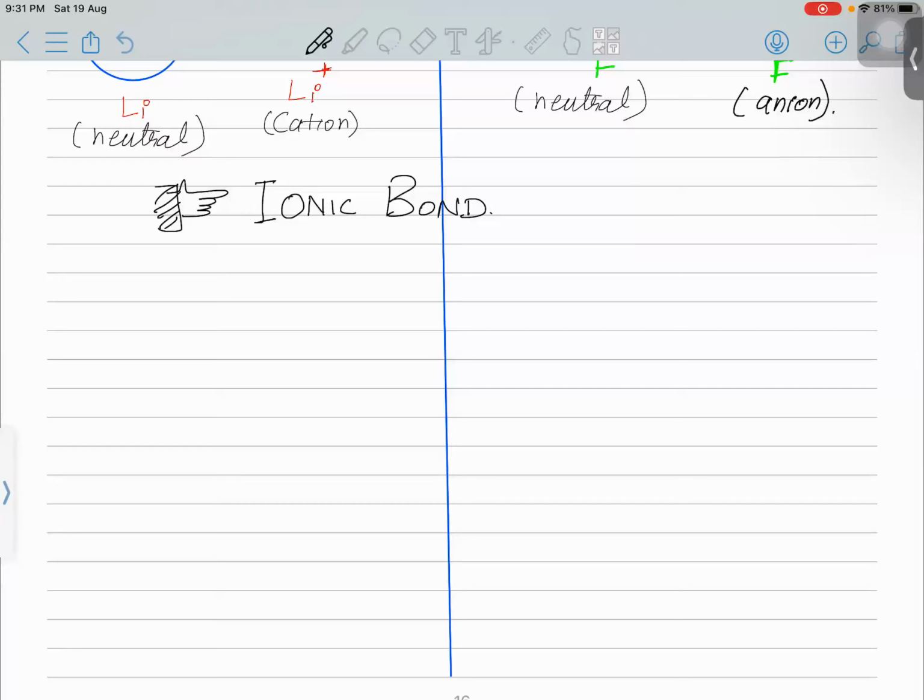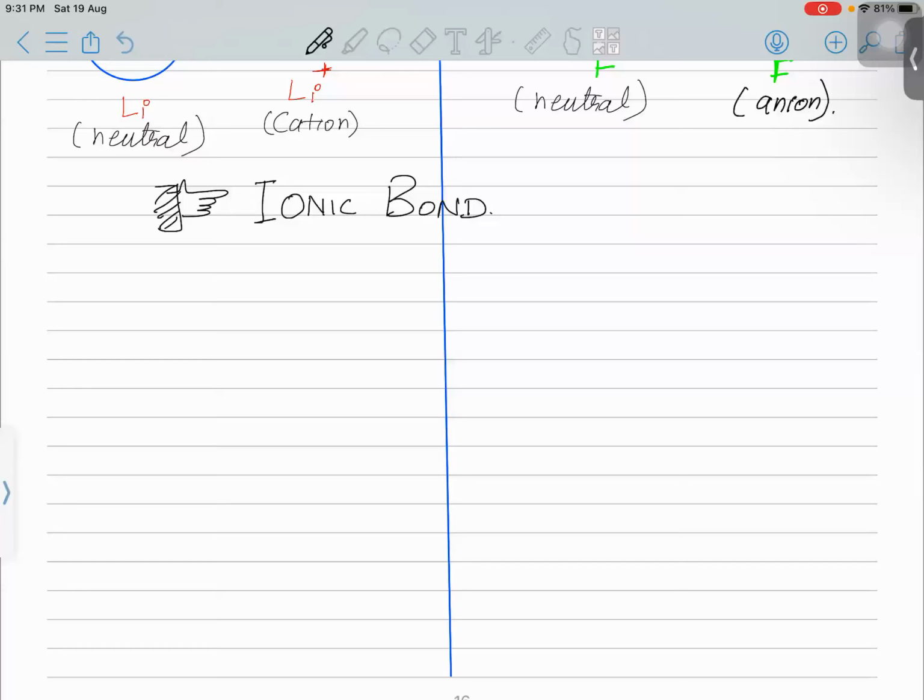Very good. So ionic bond is the bond which is formed by the complete transfer of electrons, right?